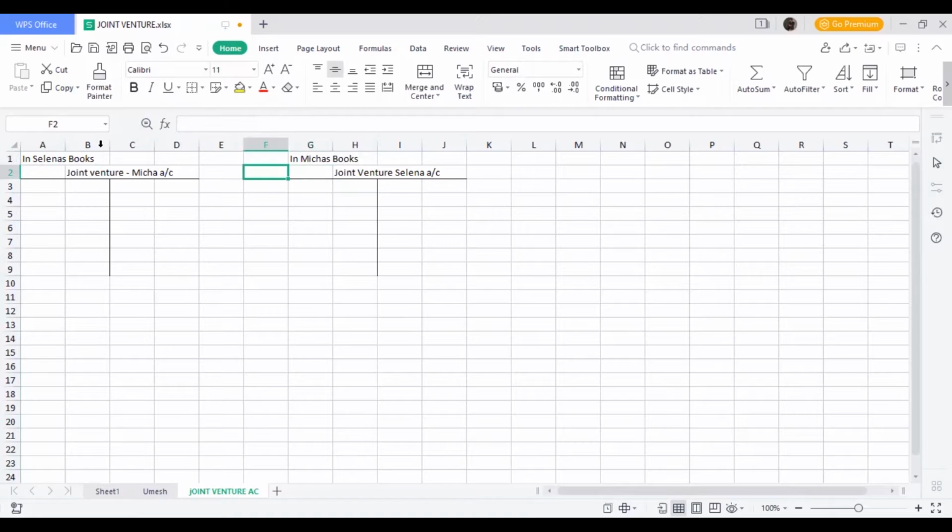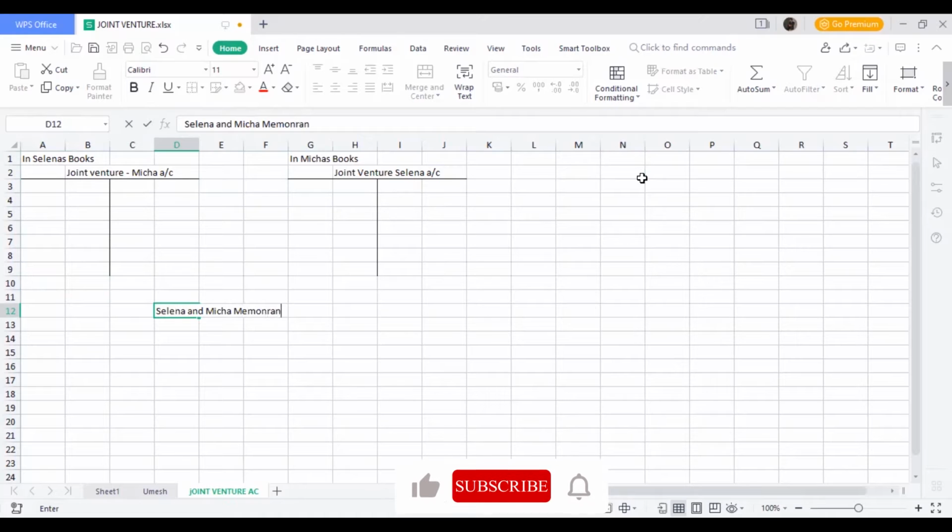Okay, easy as that. Now after doing this, I'm not yet done. I'm going to open up another account. The account is going to be a common one, and we say it as memorandum joint venture account. So I'll take here Selena and Micha memorandum joint venture account.